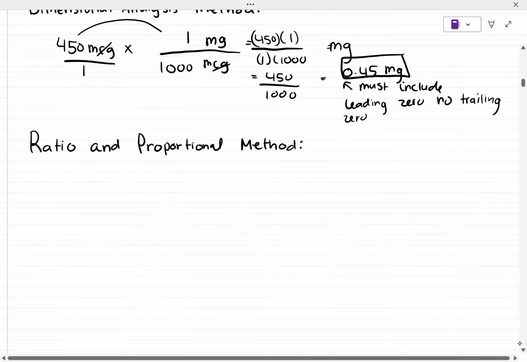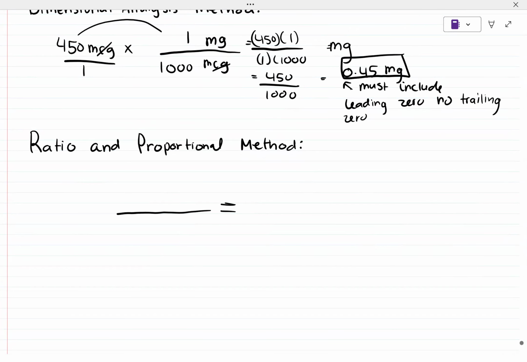Okay, now let's do the ratio and proportion method. So we're going to set up a fraction. You can set up any way you like. So you could put mcg on the top, and then this has to also be mcg. And then on the bottom, you could put mg, and then this has to be mg, right?